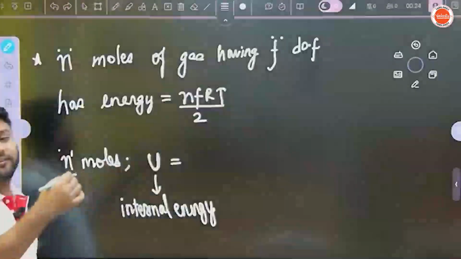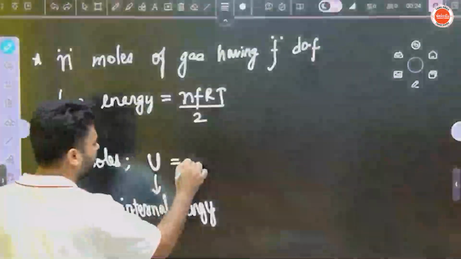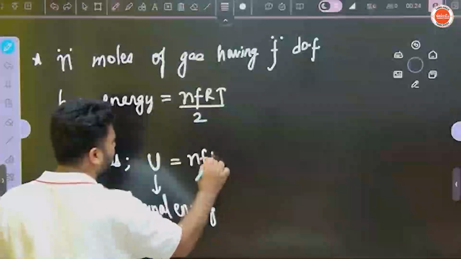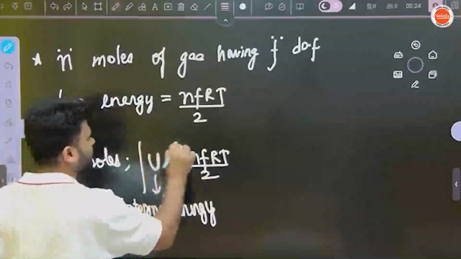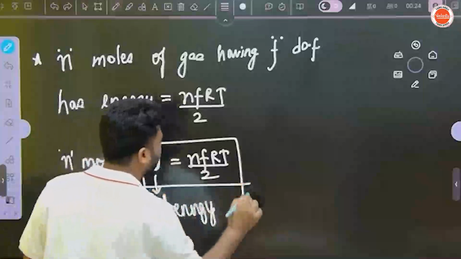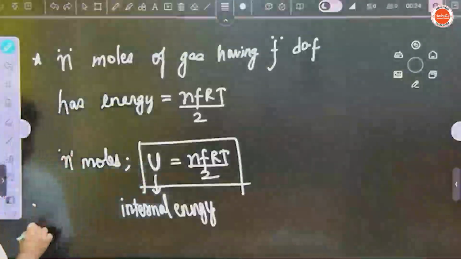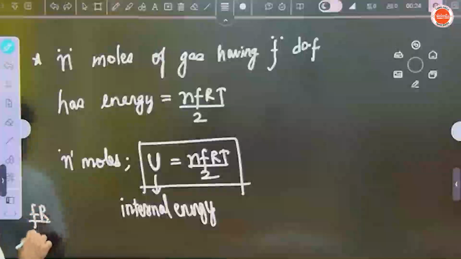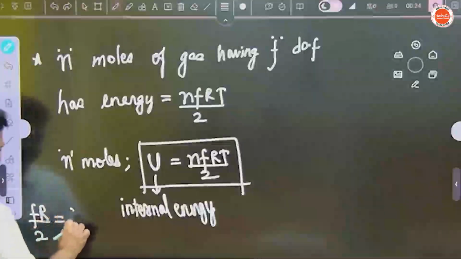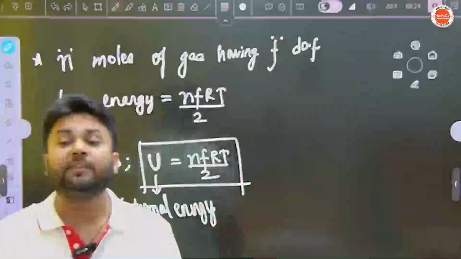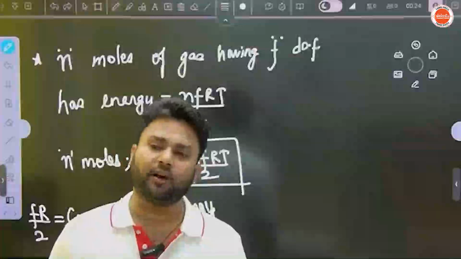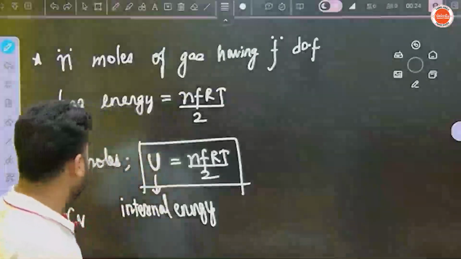There is a word in Hindi, nafrat, pyar, mohabbat, nafrat. So n f R T by 2. This f R by 2 term is also called Cv. What is Cv? You must have heard: specific heat at constant volume. Cp, Cv. Cp minus Cv equals R. So this is Cv.